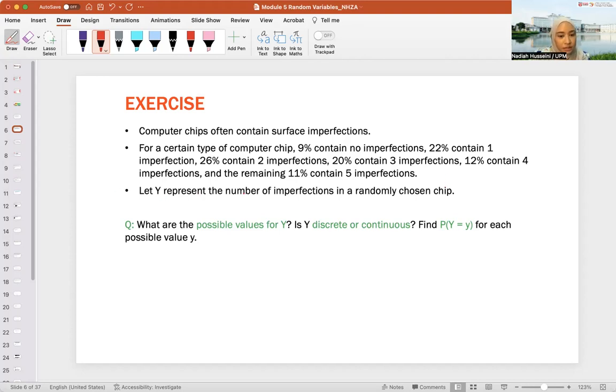Let Y represent the number of imperfections in a randomly chosen chip. You only choose one chip, so your outcome is just one chip. Y is the number of imperfections, so Y is equal to 0, 1, 2, 3, 4, 5. What is Y? What do we call Y?